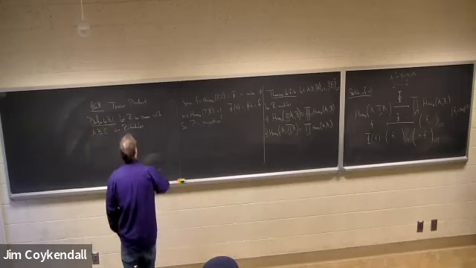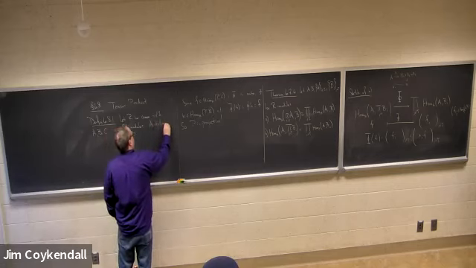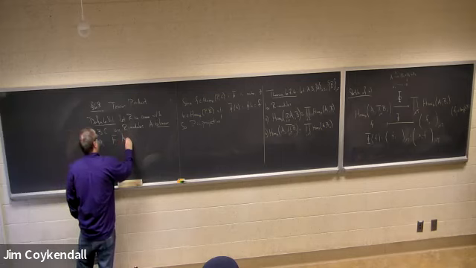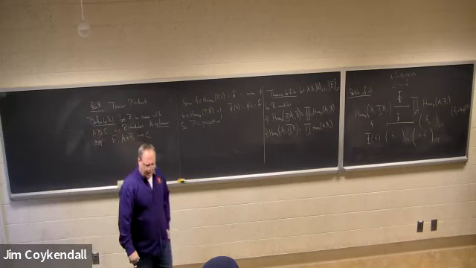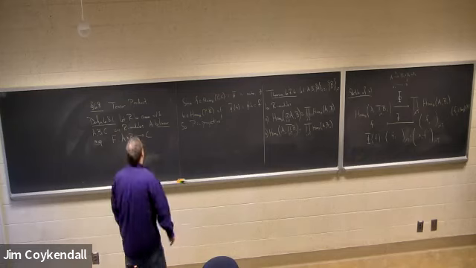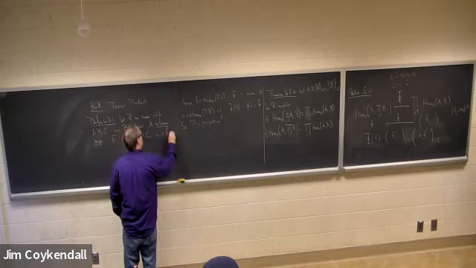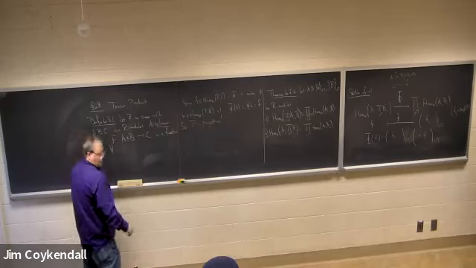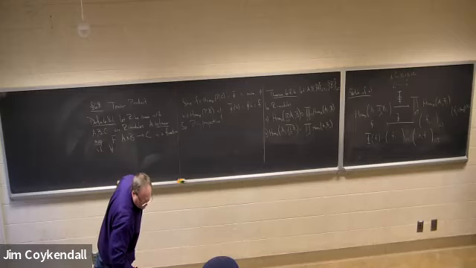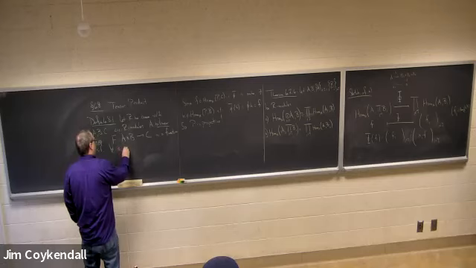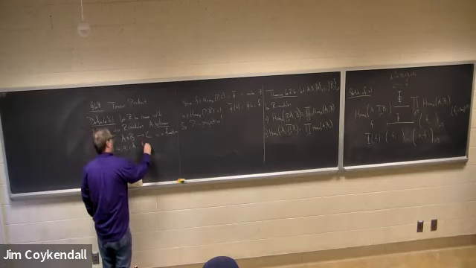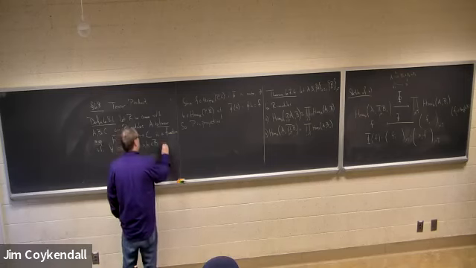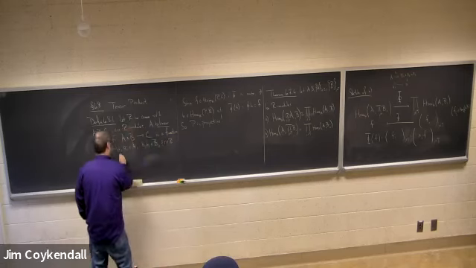A bilinear map, we'll call it F, from A cross B to C, is a function such that for all A_i in A, B_i in B, and R in the ring, we have the following.